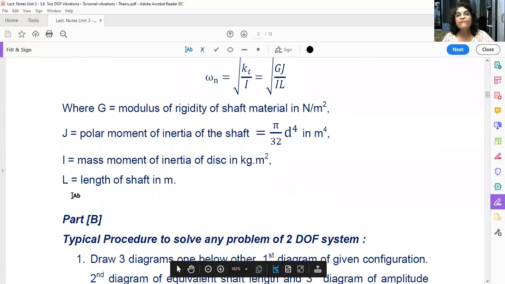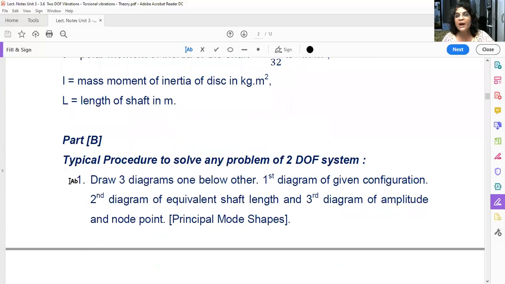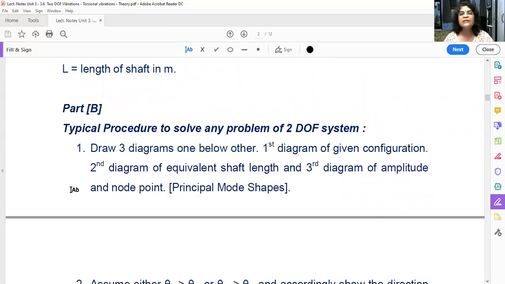Then we also learned in part B, in unit number 3 only, the typical procedure to solve any problem on 2D wave system, and the same procedure with some modification we are going to apply for torsional systems also. So let us quickly look at this procedure.